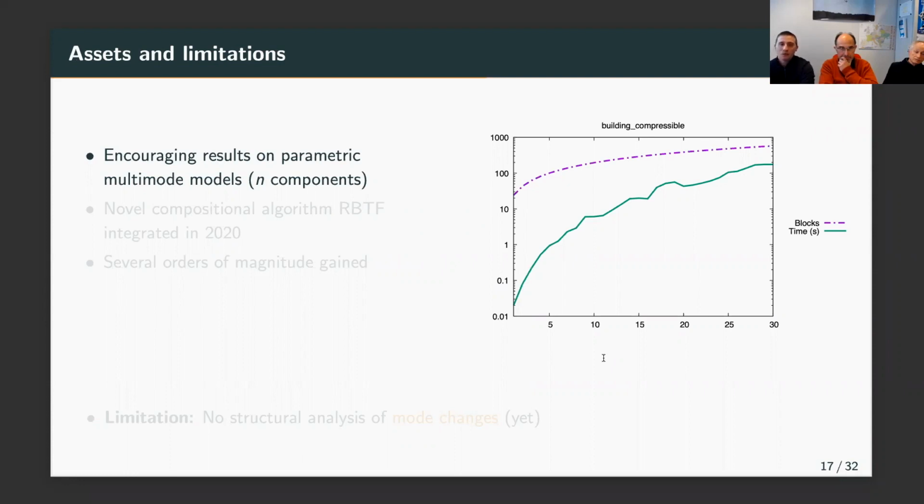One of the models we worked with the most, and that illustrates this part, is a pretty simple thermal model of a building with n rooms connected to a single central corridor. And we consider the openings and closings of the doors between the rooms and the corridor as instantaneous switchings.